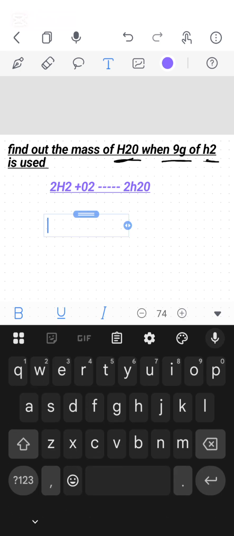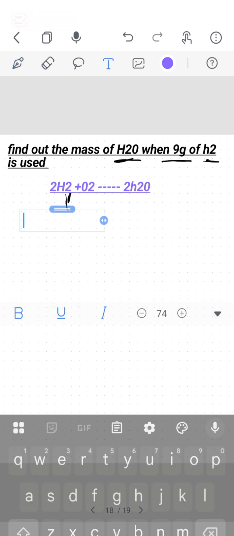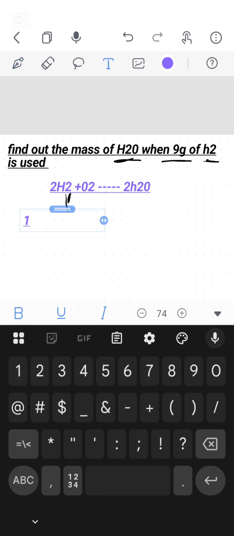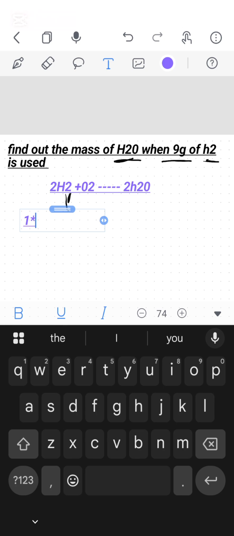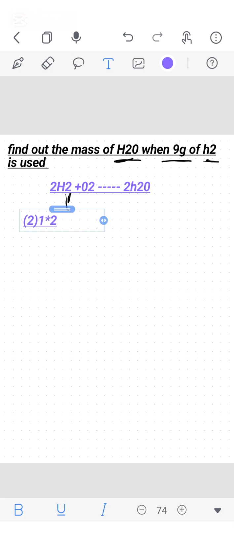Let's first find out what H2 is. H2 would be 1 multiplied by 2, and the 2 is already there for us in multiplication, so that would be put over there.